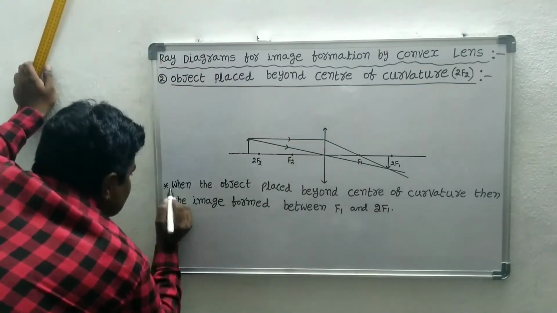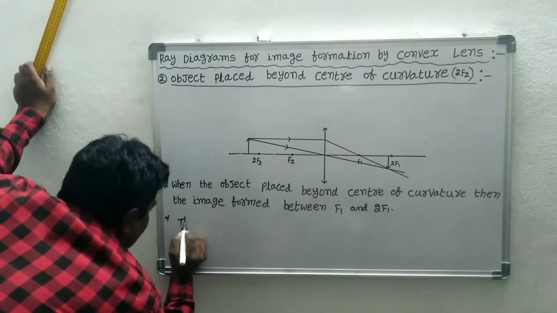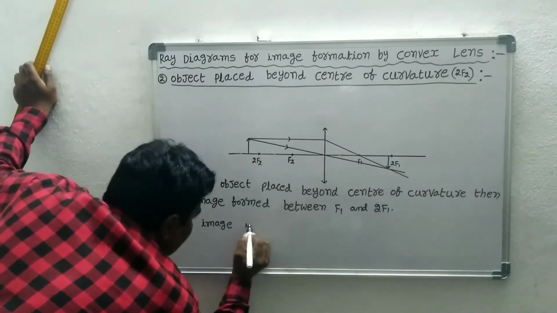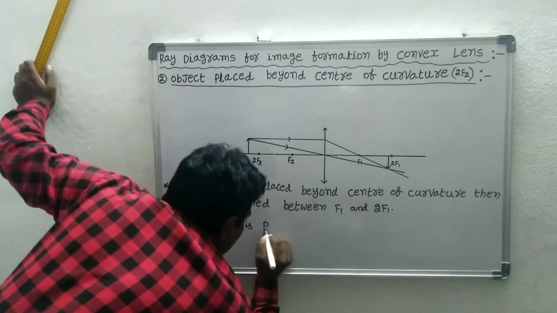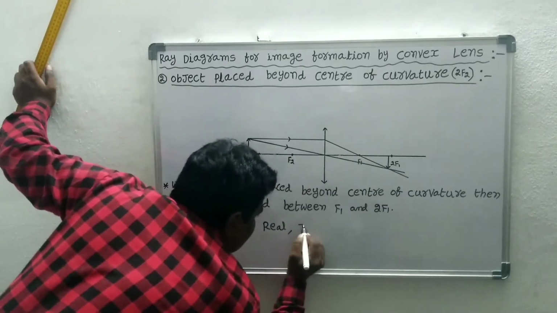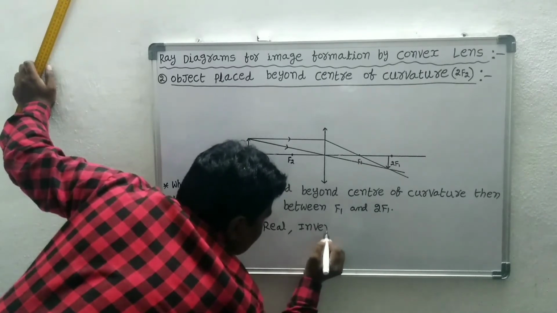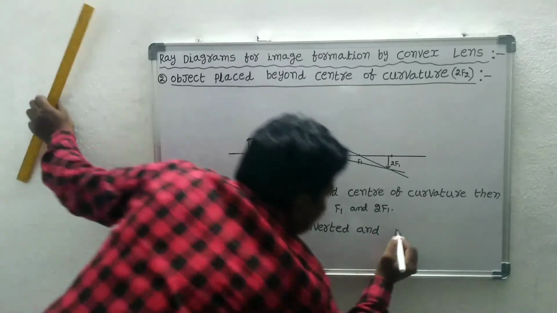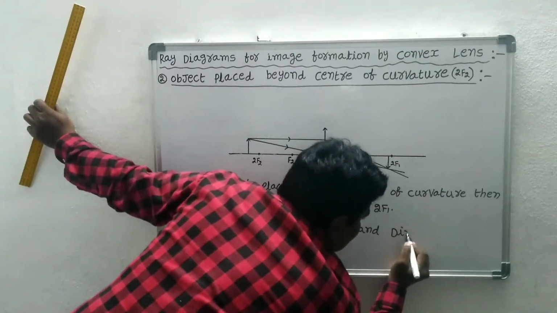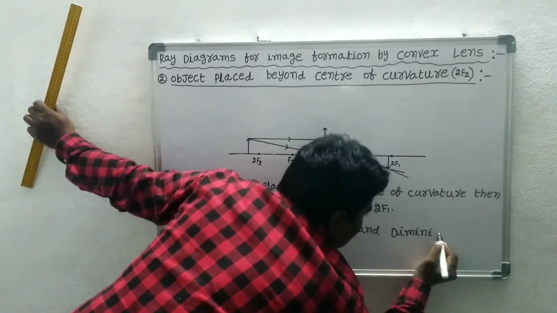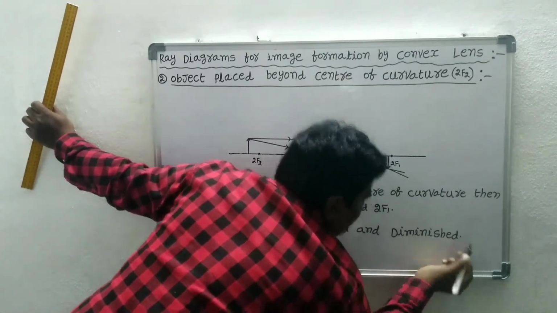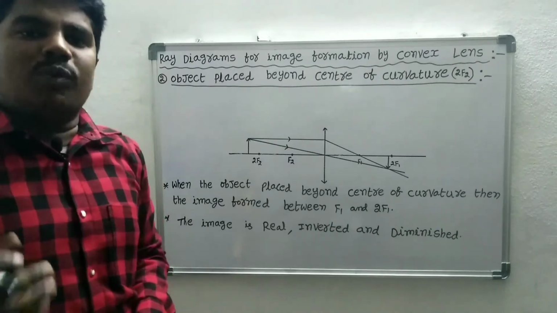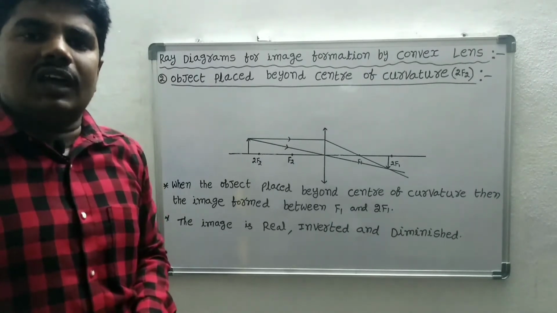That image is real, inverted and diminished. Diminished means the size of the image is smaller than the size of the object.